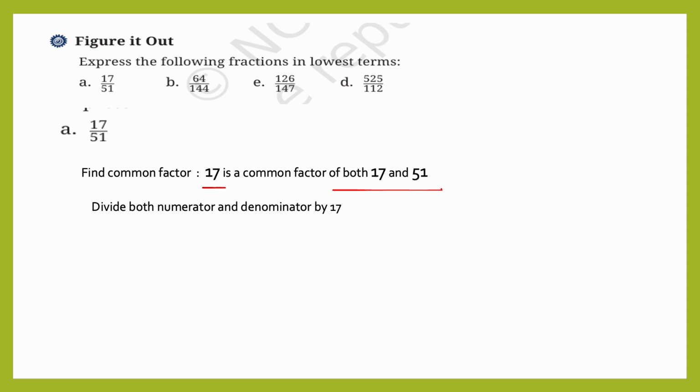So divide both numerator and denominator by this common factor 17. 17 divided by 51, you divide both numerator and denominator by 17, and you will get 1 by 3. So the simplest form is 1 by 3.